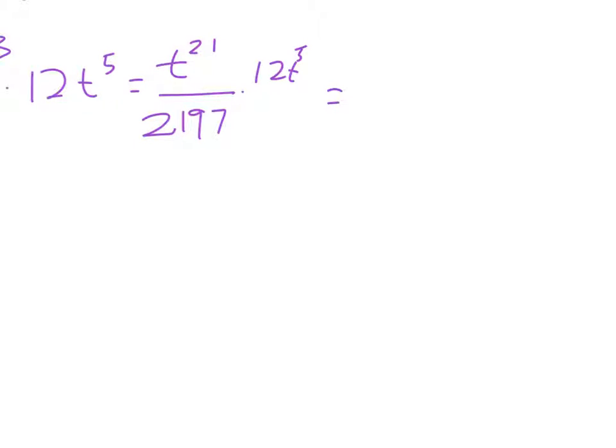And so the t to the 5th and the t to the 21st would be t to the 26th. The 12 and the 2,197 do not reduce, so really then this is the final answer, 12t to the 26th over 2,197.